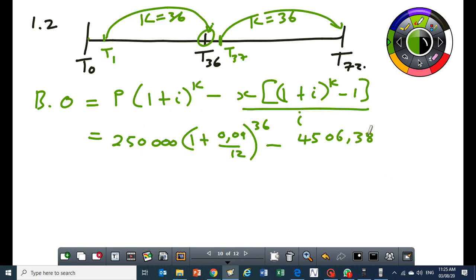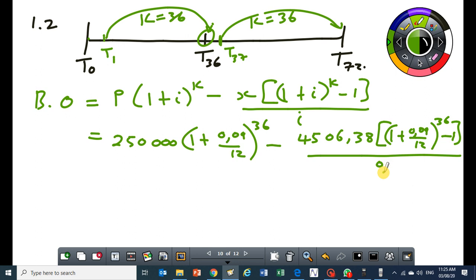Then we multiply this by 1 plus 0.09 over 12 raised to the power of 36. We subtract 1 from that. And then whatever answer we have there, we divide by 0.09 over 12. Okay? So, what's our balance outstanding?